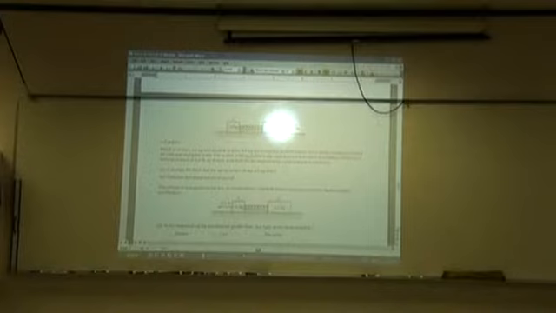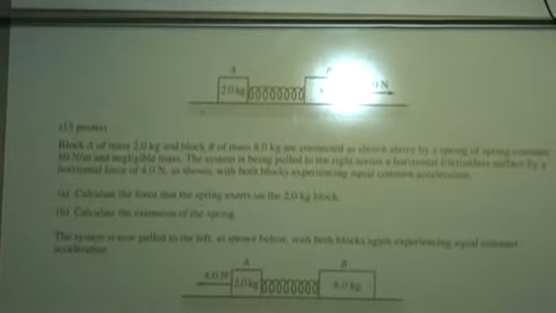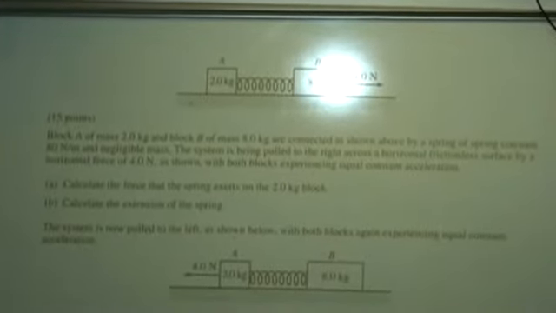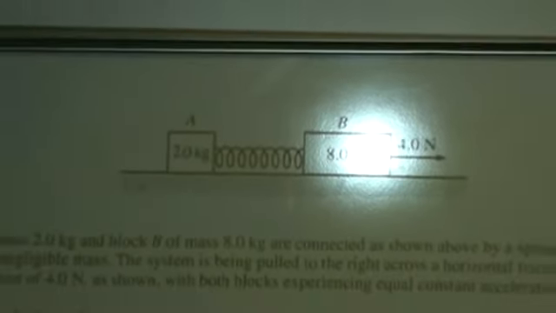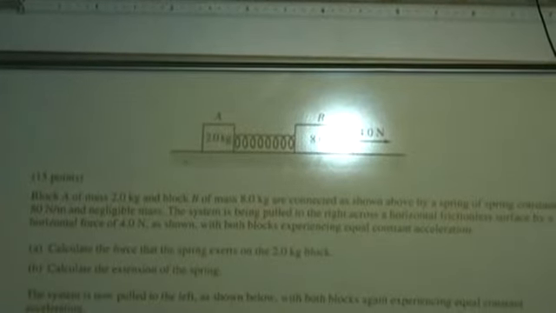The system is being pulled to the right across a frictionless horizontal surface with a horizontal force of 4 newtons, with both blocks experiencing equal constant acceleration. Okay, so both the blocks have the same exact acceleration. Calculate the force that the spring exerts on the 2 kilogram block.